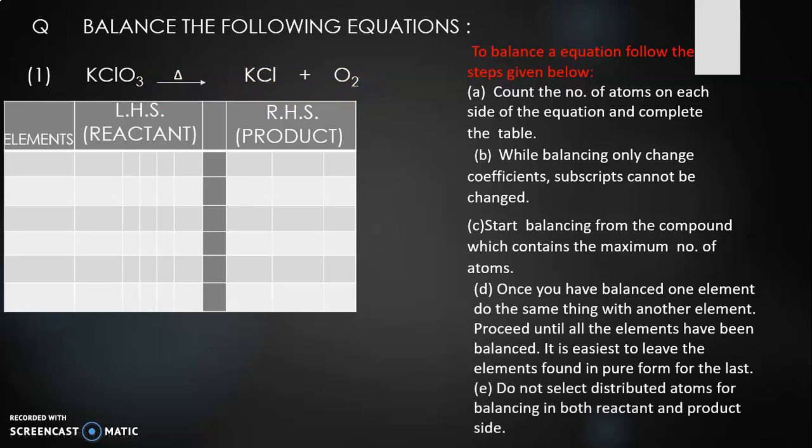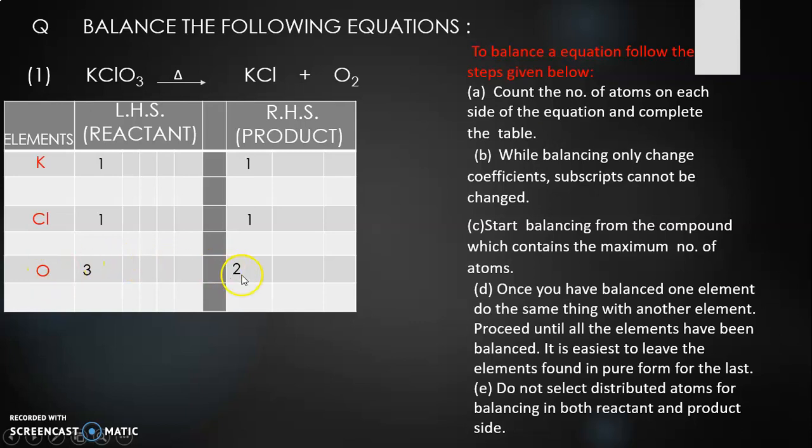So let's begin. How many elements? Potassium, chlorine, oxygen. Now let's count the number of atoms on the reactant side. 1 for K, 1 Cl, 3 O. Similarly on the right side, 1 K, 1 Cl and 2 O. So if you compare, what do you see?